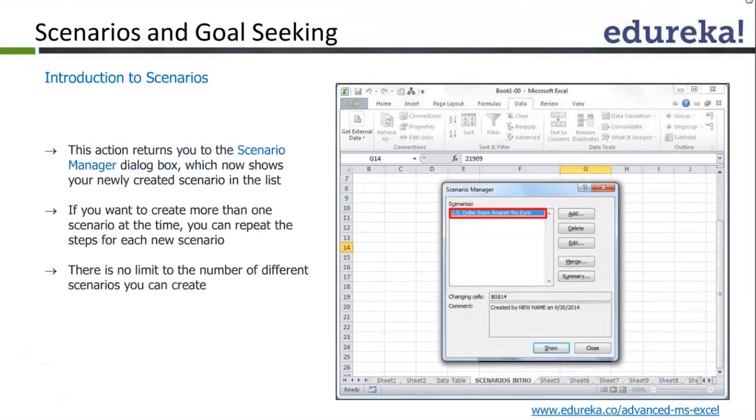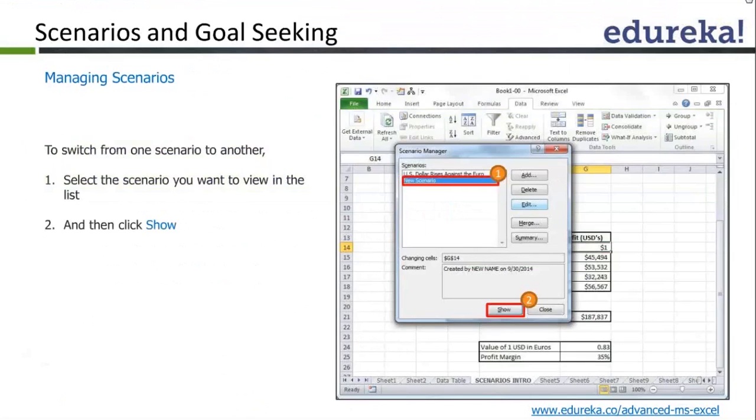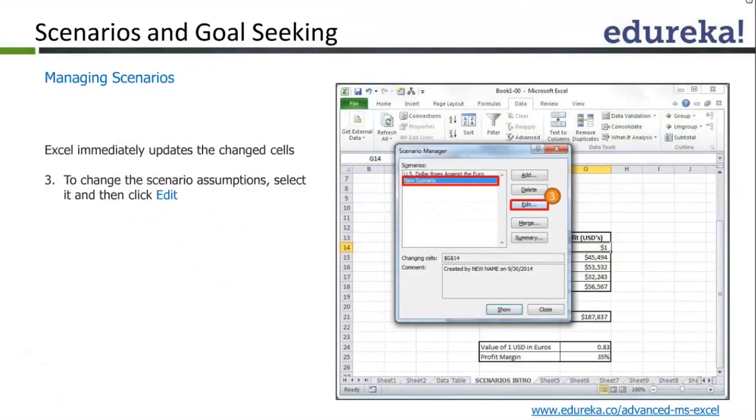The moment you say show, the scenario is created, and whenever you want to switch to that scenario, you can just highlight it and say show. You will be given the details of that scenario, how it looks and what will happen if you change the values.